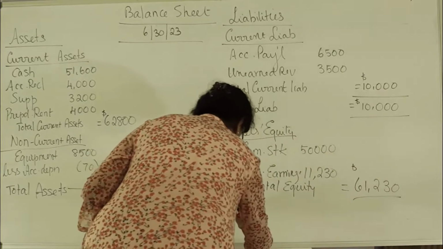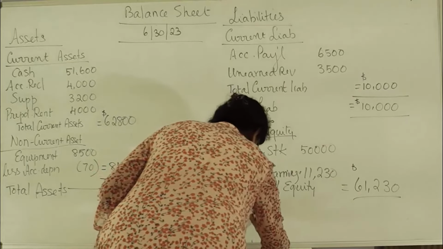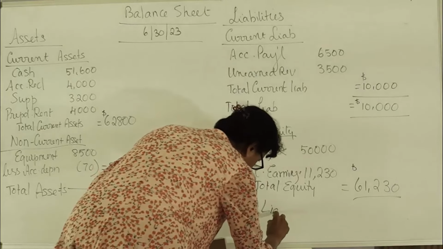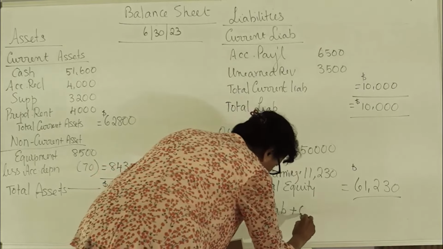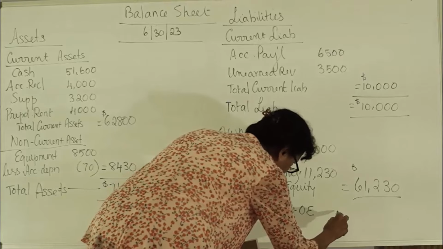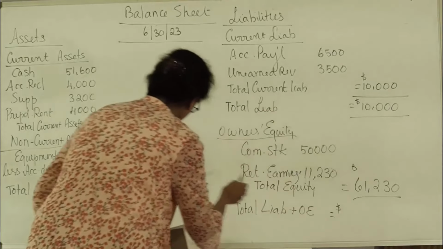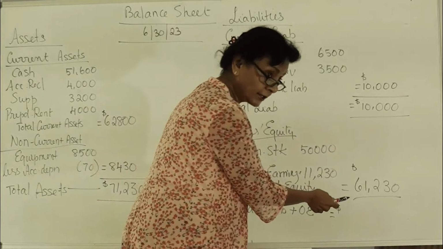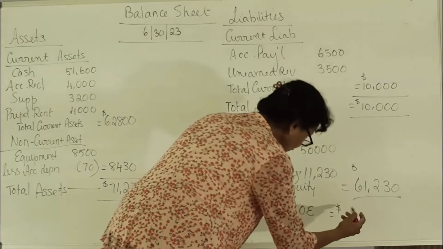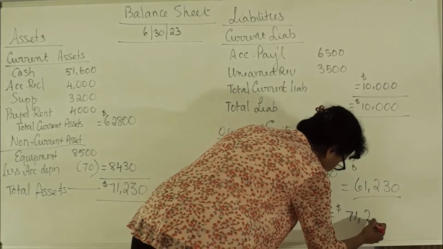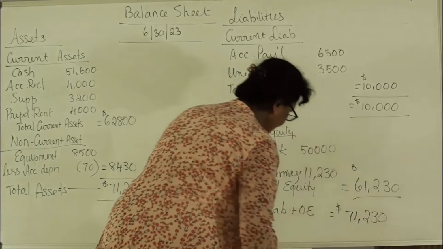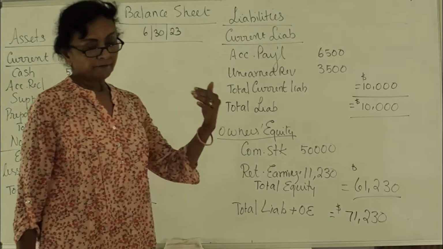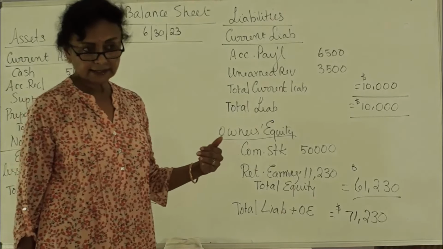Now your total liabilities plus your owner's equity should equal your total assets. Your liability is 10,000, equity balance 61,230. So total comes up to 71,230, which is equal to your total assets. So we have finished everything in this example.